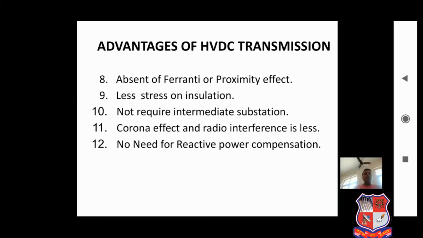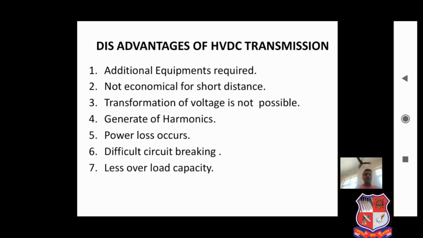There is no corona effect and radio interference in this system because frequency is 0. No need for reactive power compensation: in a DC system there is no reactive power generated, so there is no need for reactive power compensation.